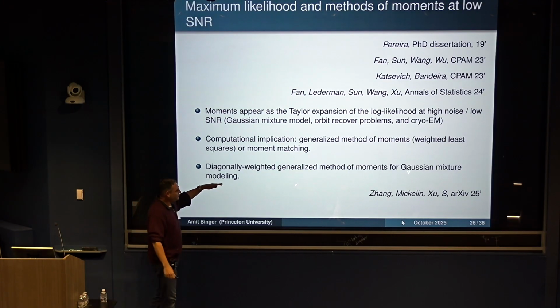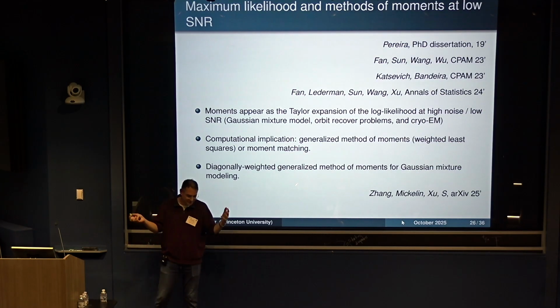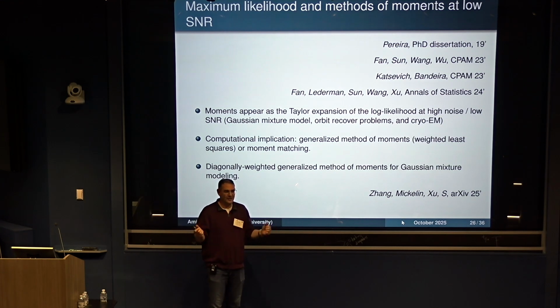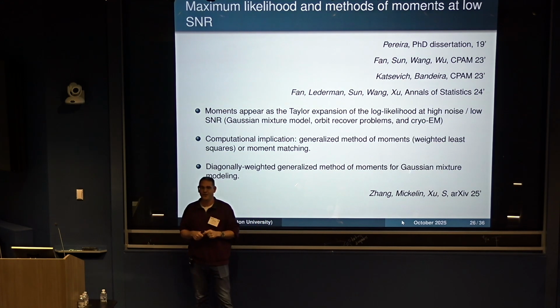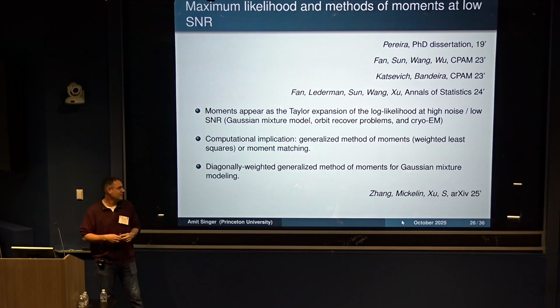We also did it recently. We applied a similar technique to Gaussian mixture modeling, which is probably the first example that you show when you teach EM in class, how to use EM for Gaussian mixture modeling.